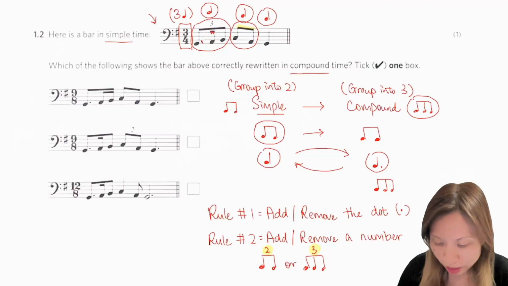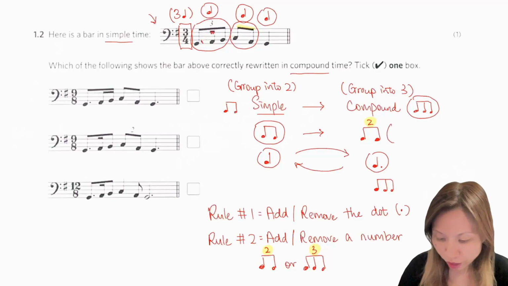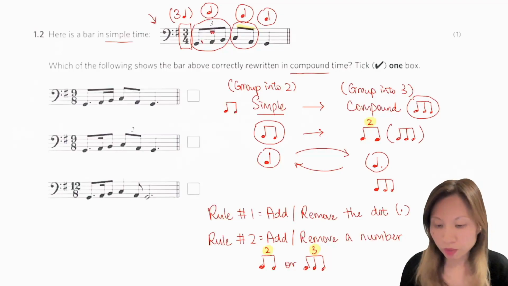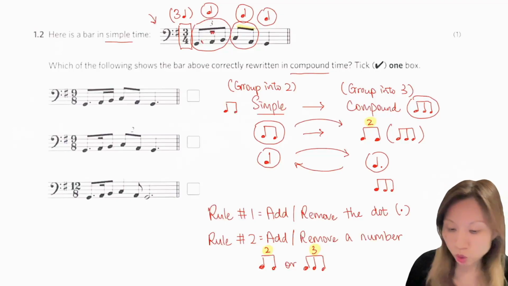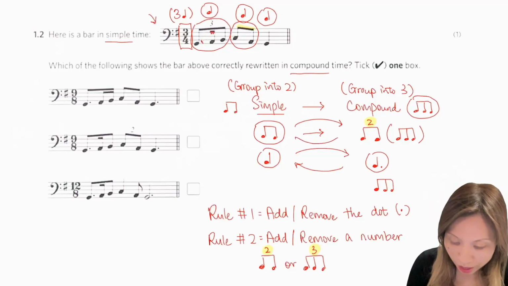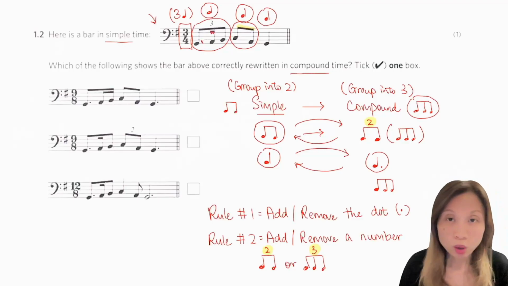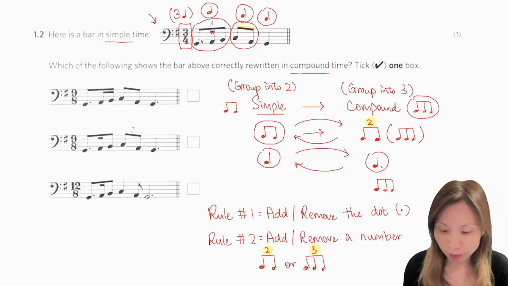Now what you can do is you add a number to it to change it into the duplet, because when you have a duplet of 2 quavers, it actually equals to 3 quavers. That would be the beat in compound time. So when you go from simple time to compound time, you will have to add number 2. If you go from compound time to simple time, you just have to remove the 2. So you either add or remove the number 2.